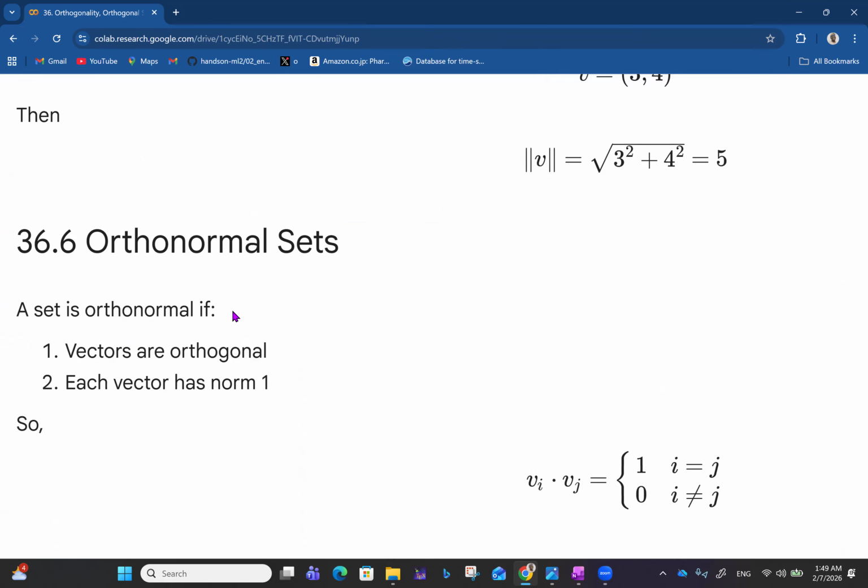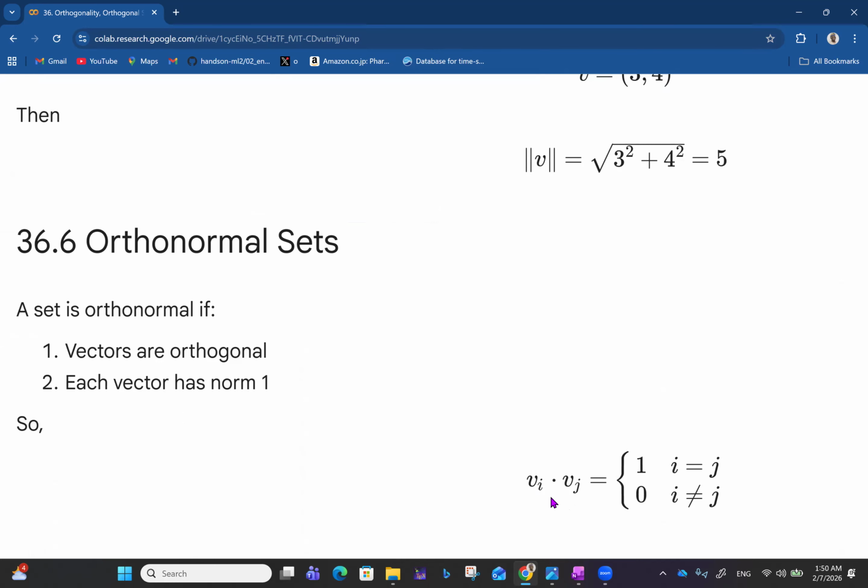So a set is said to be orthonormal if, number one, the vectors are orthogonal. That's the first condition for orthonormality. The second condition is that each vector has a norm of 1. So if you have vectors that are orthogonal and each has a norm of 1, we say they form an orthonormal set, so that vi dot vj gives 1 when i equals j, that is, if you operate the vector on itself.